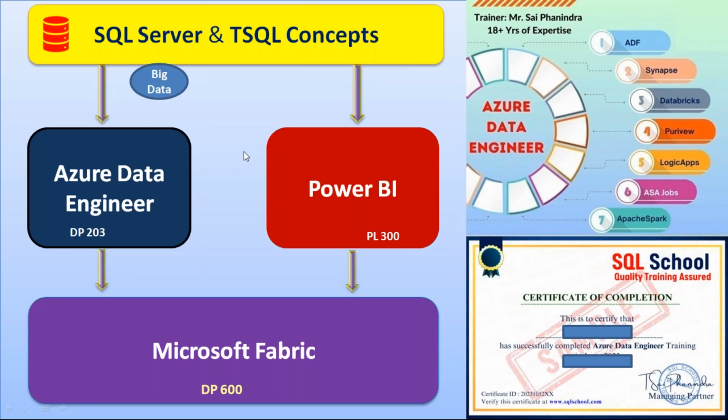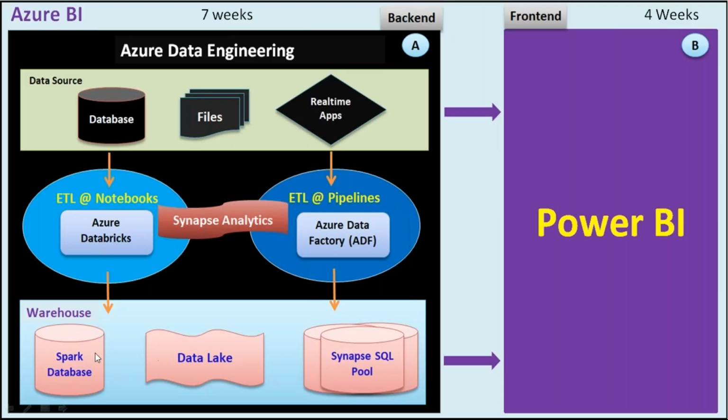What does it mean? Here it is. This warehouse is there, right? Instead of Spark, they can use Snowflake. Snowflake, data lake, Synapse, together one warehouse bundle. Notebooks and pipelines, Databricks, Data Factory for ETL projects. So the combination can be in any way.